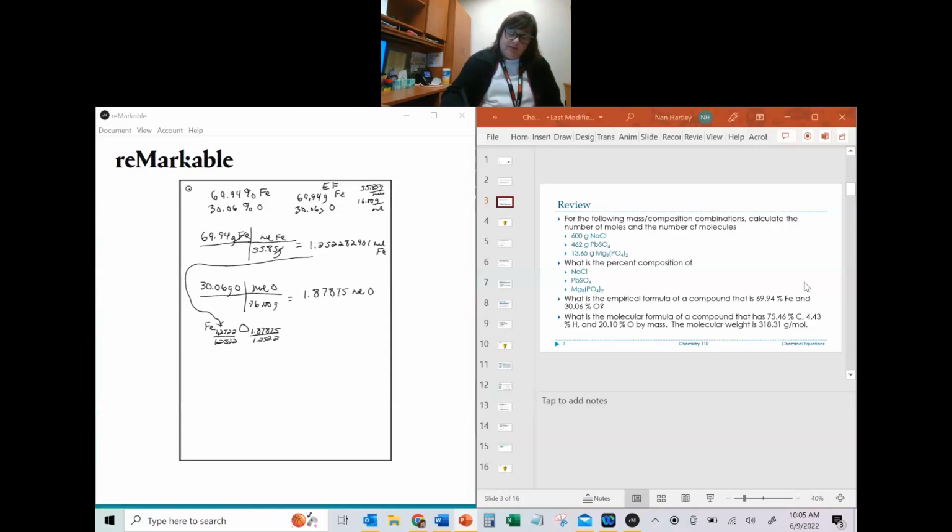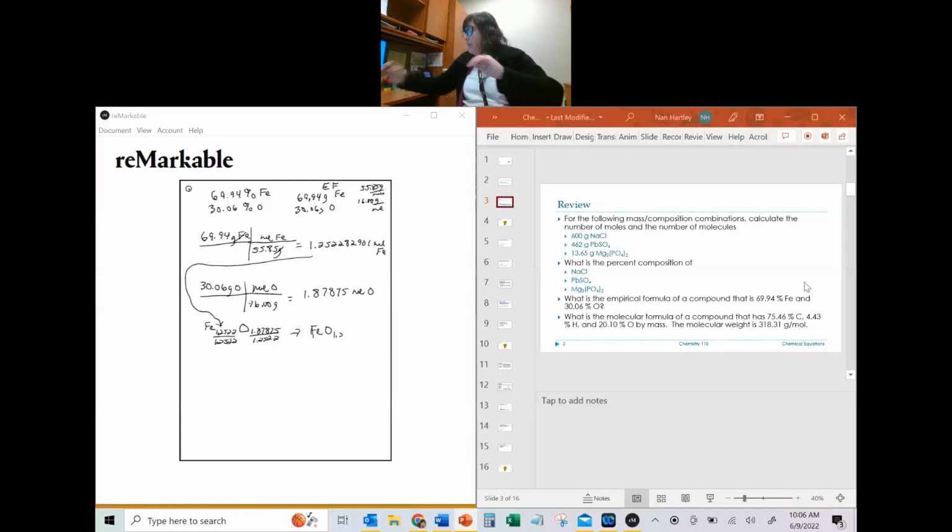So that's going to give me 1 Fe. But how many oxygens am I going to get out of that? This last number that I calculated, I'm going to divide that by 1.252282901, and that gives me 1.5.